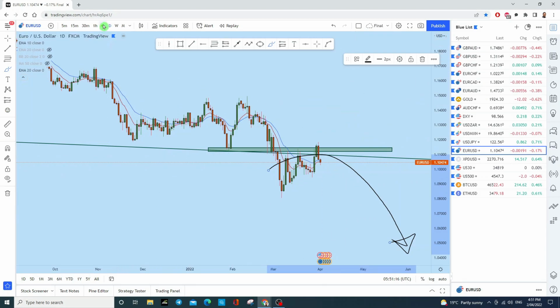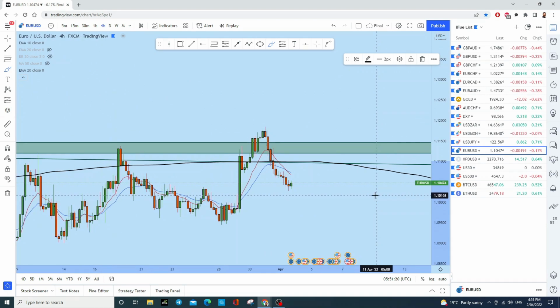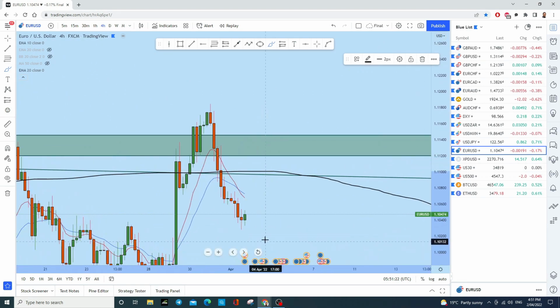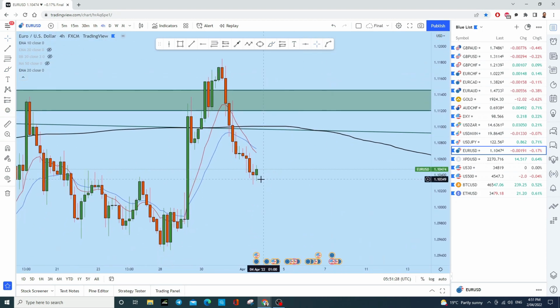So let's see on the 4-hour time frame. Now on the 4 hour, I will be waiting for a retracement to the upside. It could be a retracement, or it could even drop from here, because lately the price was creating a series of lower highs. Even it may melt down from here, or it could come down and rise up to this level and then drop.